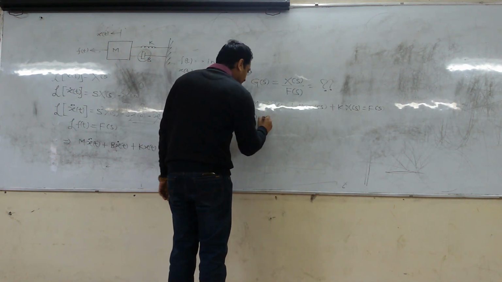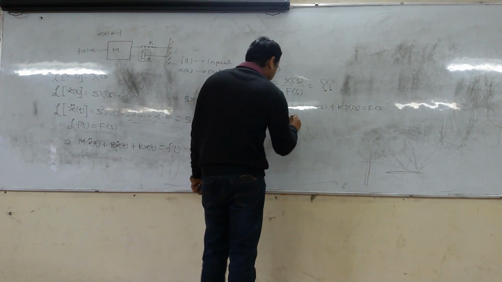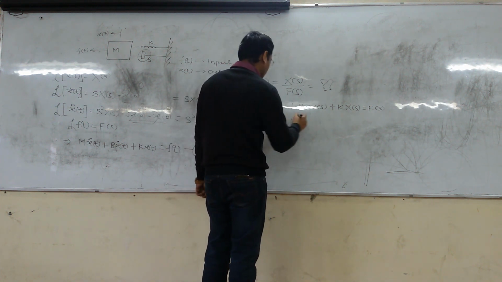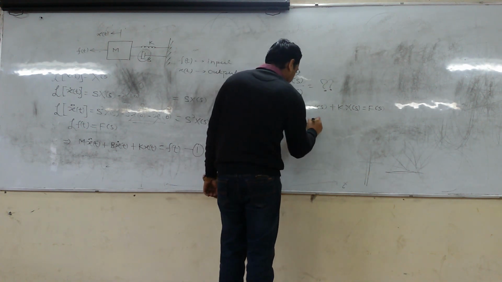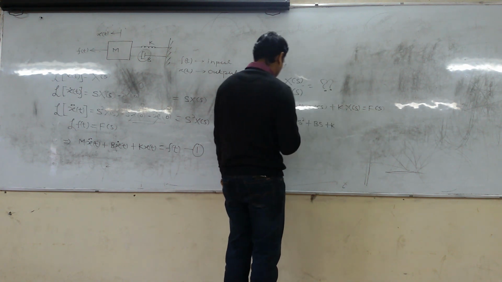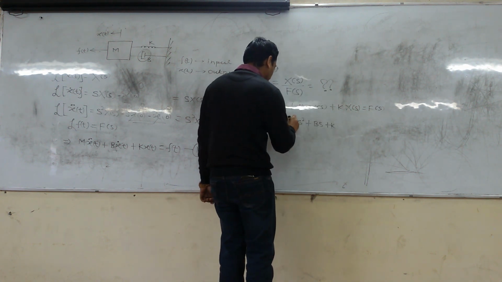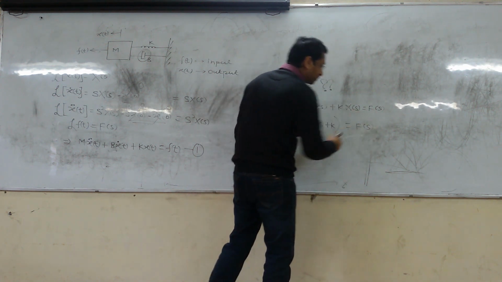Take the X(s) out, X(s) common. X(s) will be equal to what? M s square plus B s plus K. Not equality sign here. This will be equal to F(s).